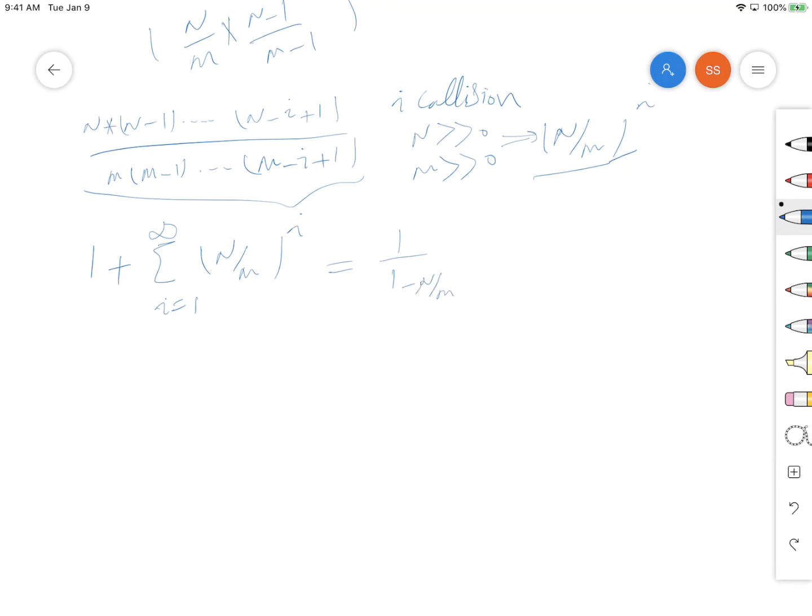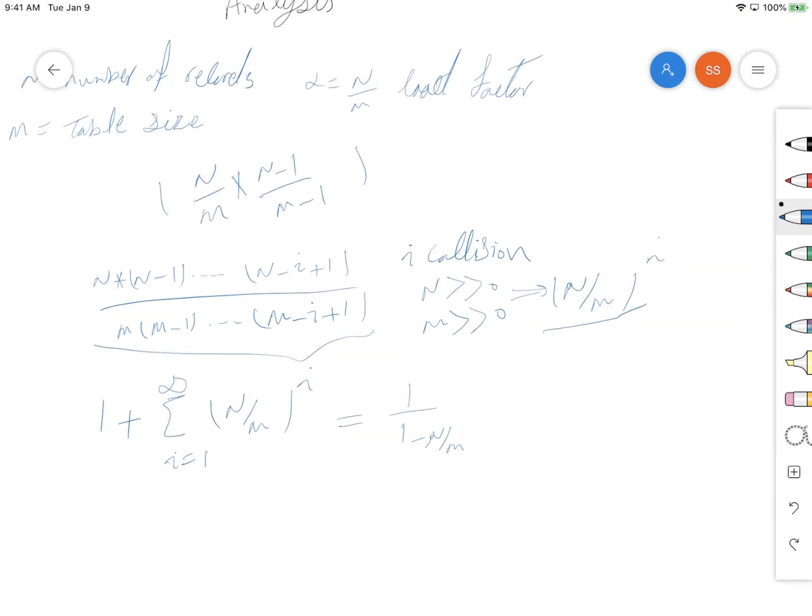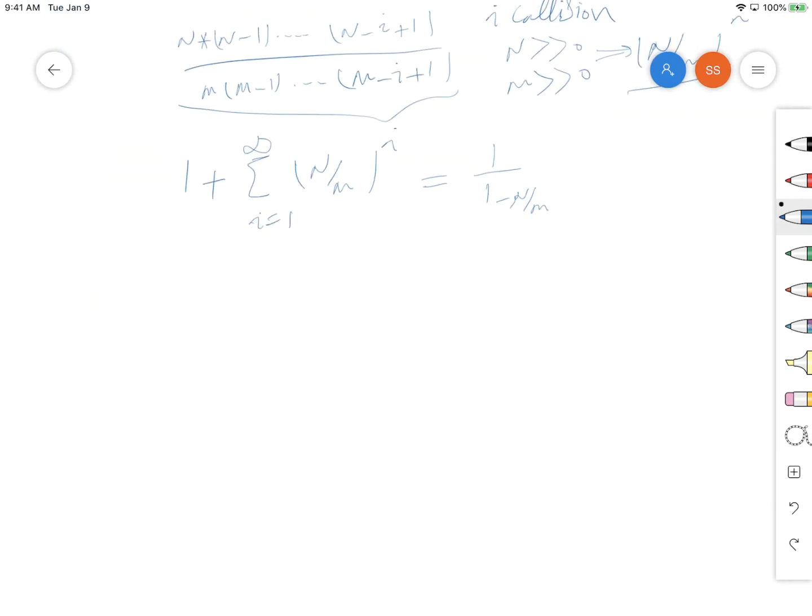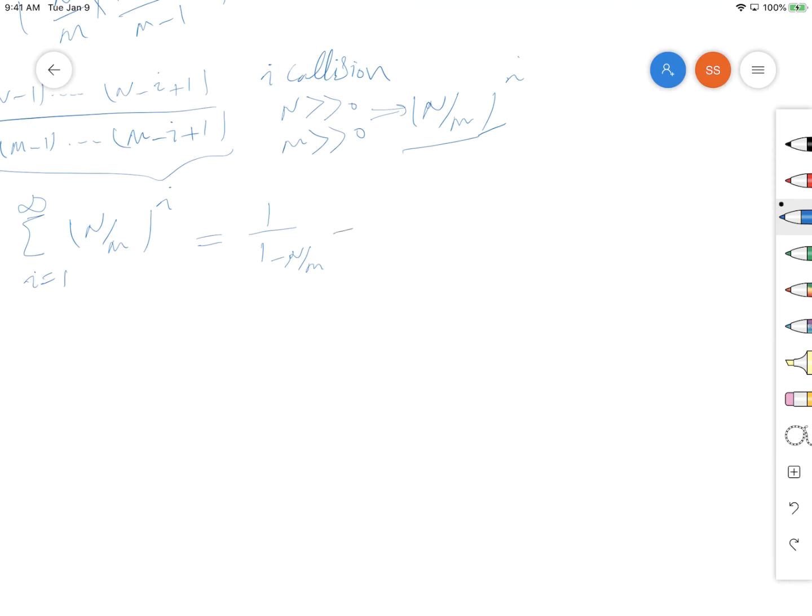As we learned before, n divided by m is defined as alpha. So we can write this as 1 divided by 1 minus alpha.